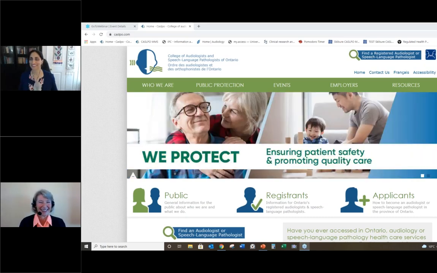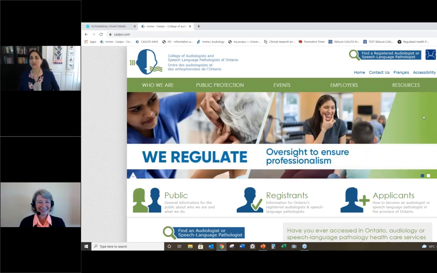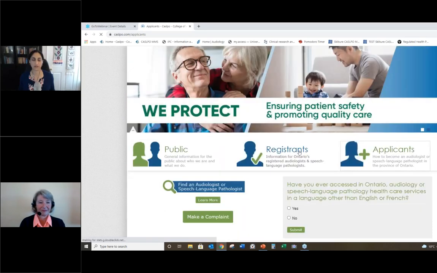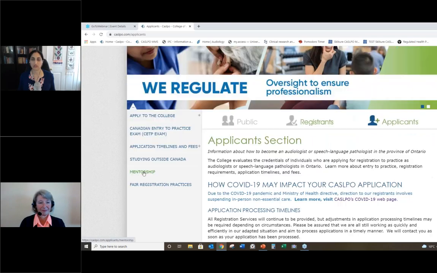Just to show you where you find the clinical reasoning tool. If you're on the web page, you would go to applicants. Then in the left-hand bar menu, you'll find mentorship. You click on it, and that takes you to the mentorship overview page.